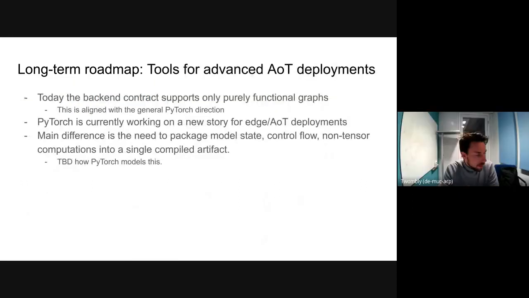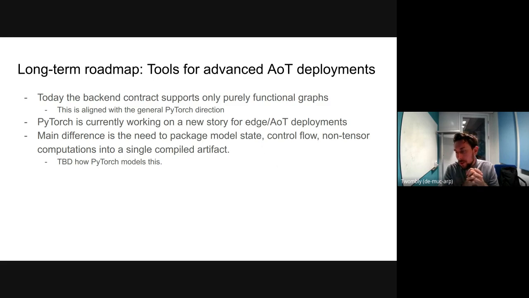Cool. Let's go on then. One of the other items on the long-term roadmap is what I'll call advanced ahead-of-time compiled deployments. The biggest question here is how to package model state and potentially control flow and non-tensor computations into a single compiled artifact in the backend.